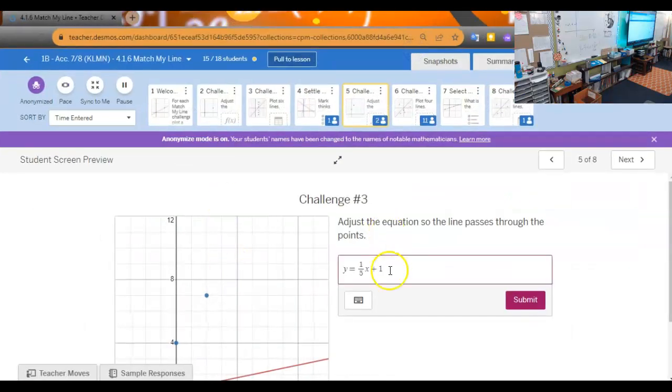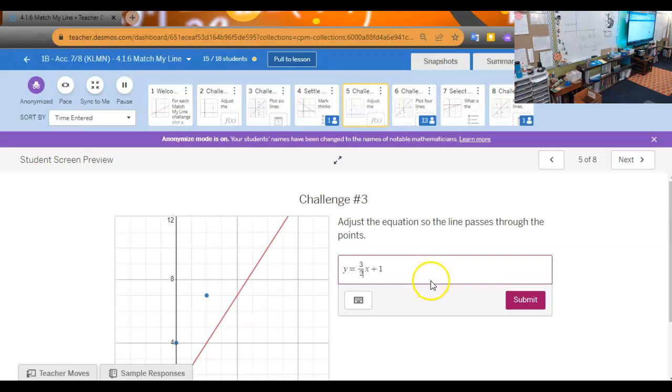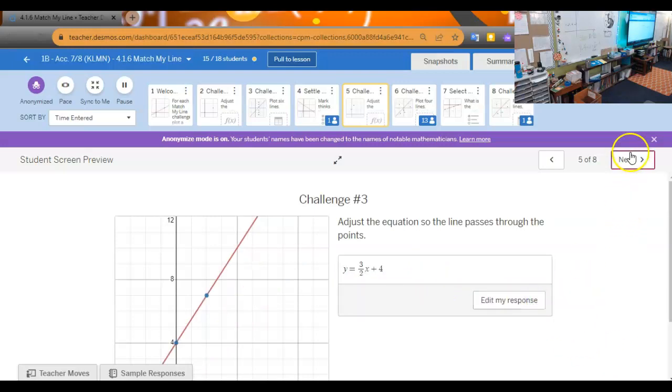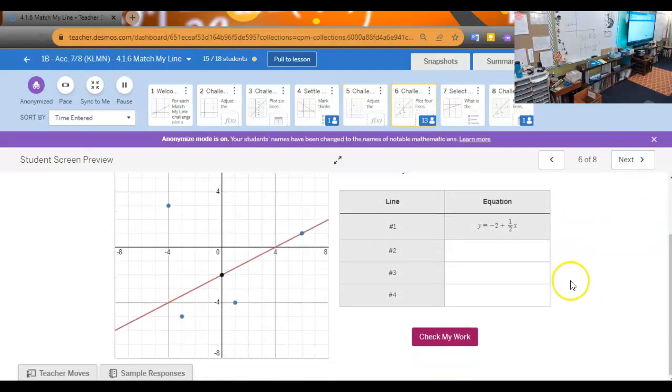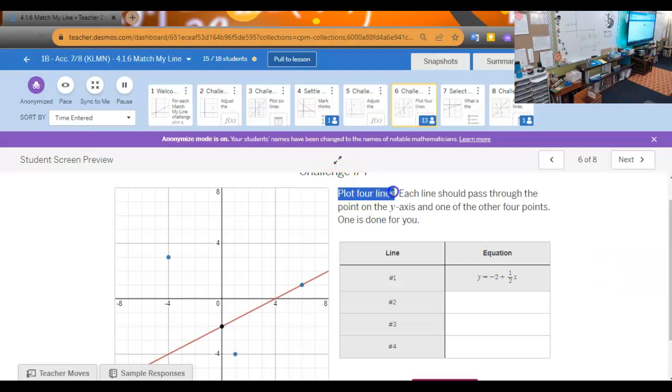All right, so let's check what Vivian told us to do. Aha! Got it. Uh-oh. Oh, 4 lines. Each line should pass through the point on the y-axis.